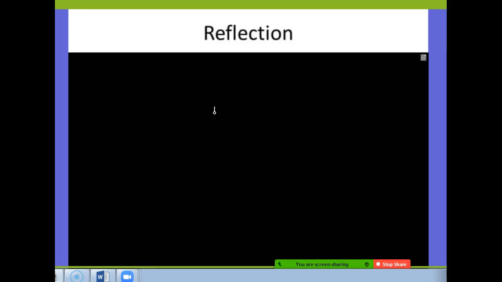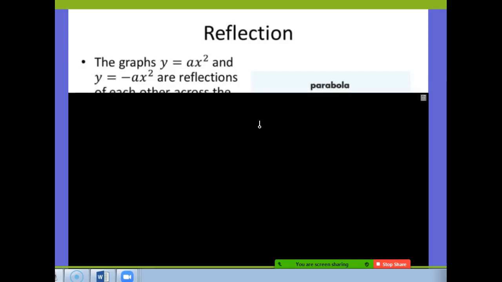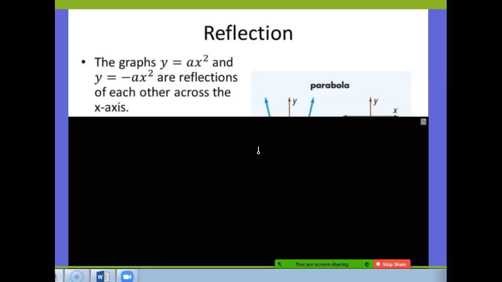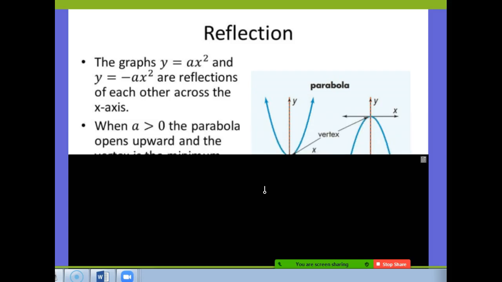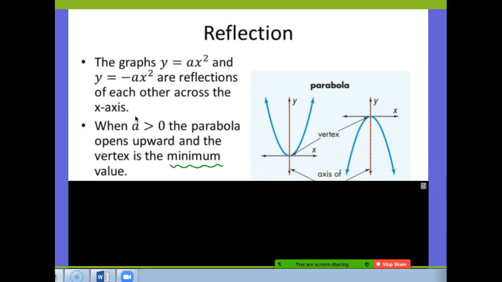And the last thing I want to talk about today is that reflection. If a graph is reflected, then it's going to change the direction it is opening. So if we have a negative a value, then it's reflected across the x-axis and opens down. If a is greater than 0, meaning positive, then my parabola has what we call a minimum and opens up.